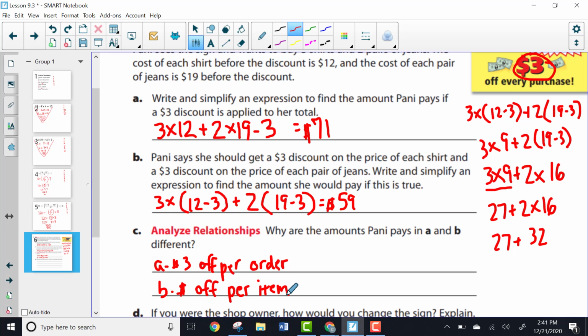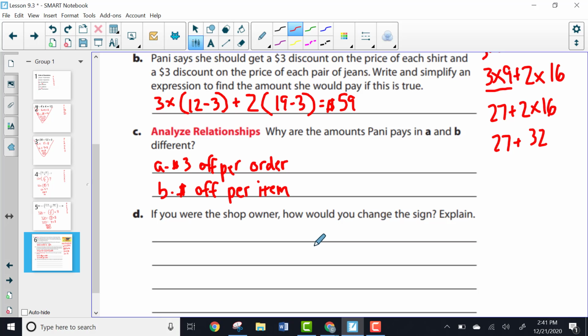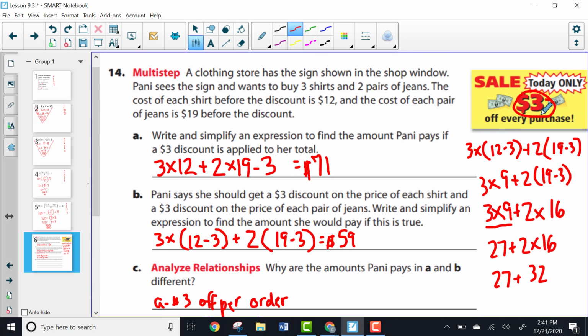Okay, so the question here is, if you were the shop owner, how could you change the sign? Okay, what we could see here, if you want to make more money, the sign should probably say $3 off your entire purchase. Okay, so not necessarily every purchase, because when you're purchasing 3 shirts and 2 pairs of jeans, that's actually 5 purchases.